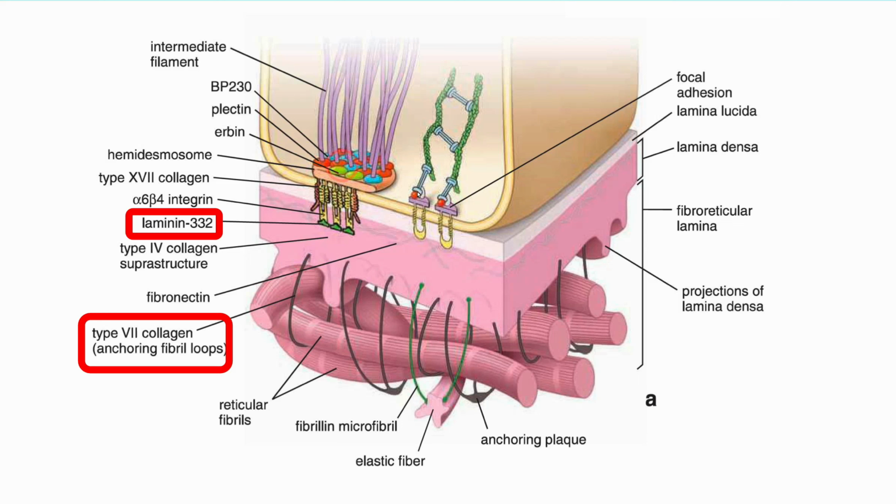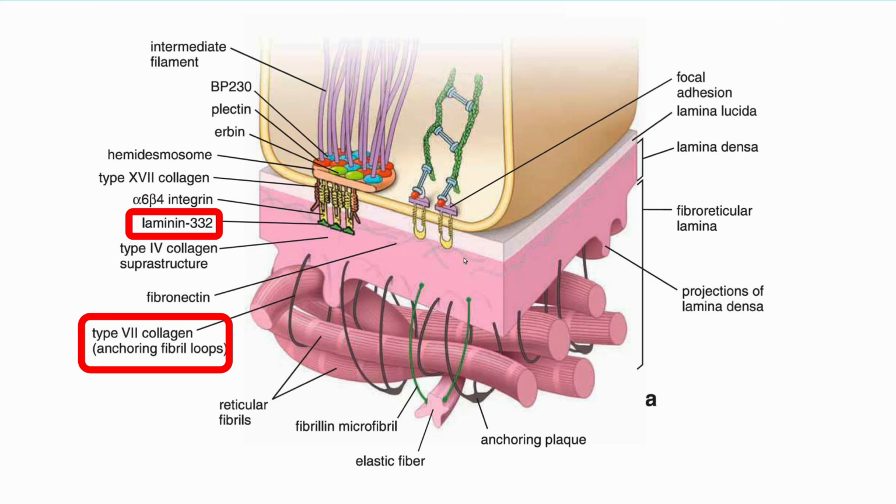This diagram shows the two types of anchoring junction present at the basal domain of a cell. This is the structure of hemidesmosomes, attaching to the intermediate filament, the cytoskeletal component, and these are focal adhesion spots, related to the actin group of cytoskeletal elements. That concludes most of the anchoring junctions in relation with a cell.